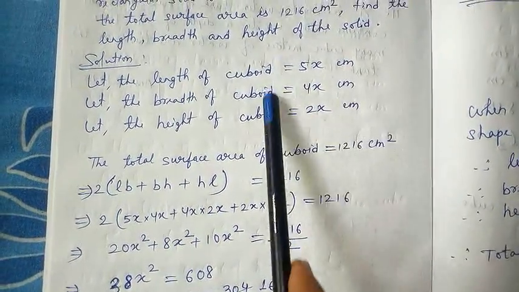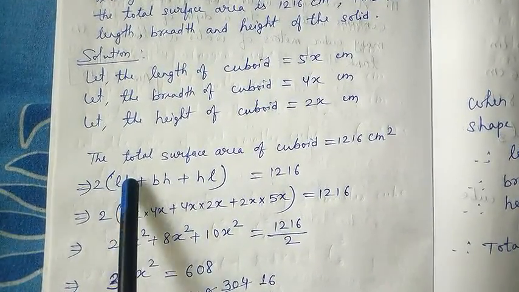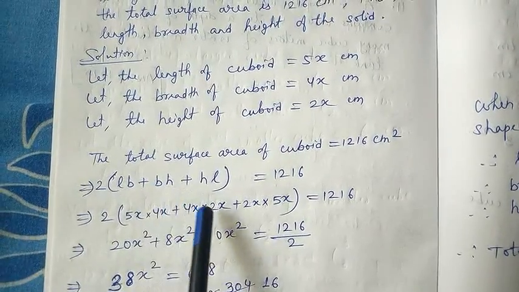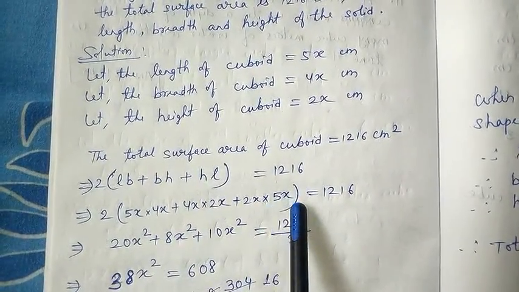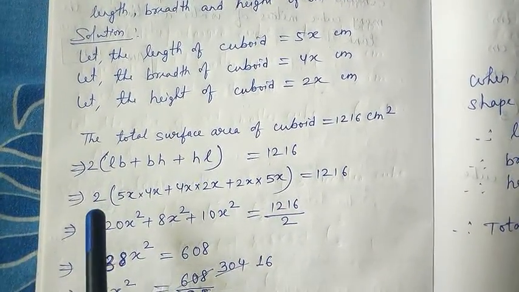Now I will put all these length, breadth, height in the respective places. Length is 5x, breadth is 4x, so 5x into 4x plus 4x into 2x plus 2x into 5x, bracket close, 2 is here, and equal to 1216.